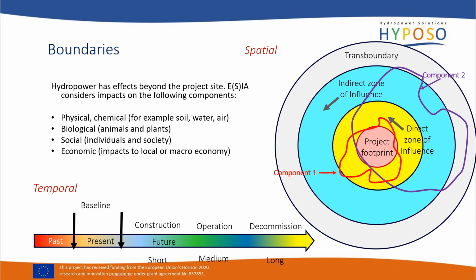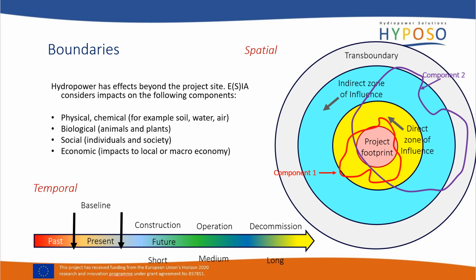That means that for impact assessment, to analyze the spatial boundaries, often we will have to deal with different boundaries according to the components that might be affected. Temporal, also we need to consider different boundaries.